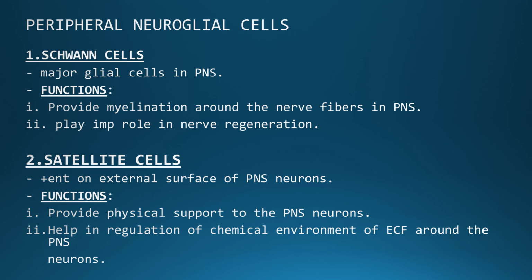Second one is satellite cells, present on the external surface of peripheral nervous system neurons. The function of satellite cells is to provide physical support to peripheral nervous system neurons and help in regulation of the chemical environment of extracellular fluid around the peripheral nervous system neurons.